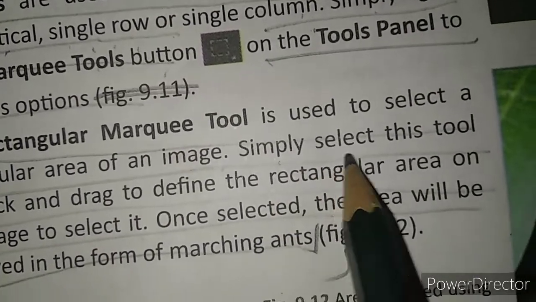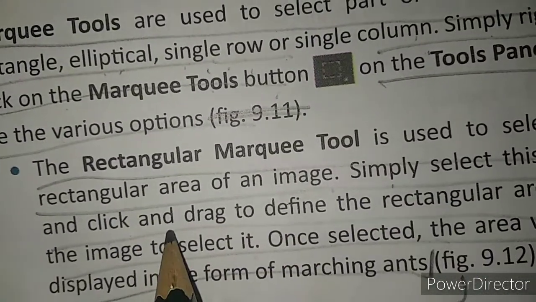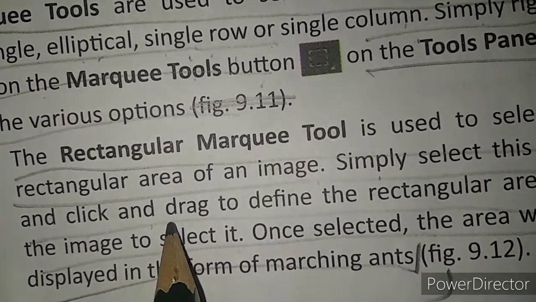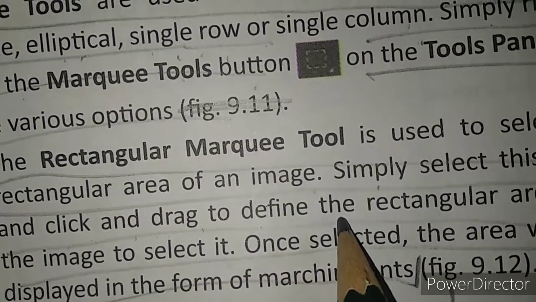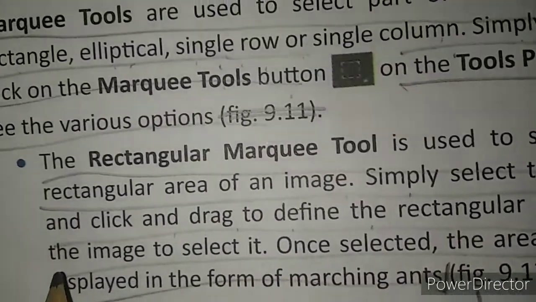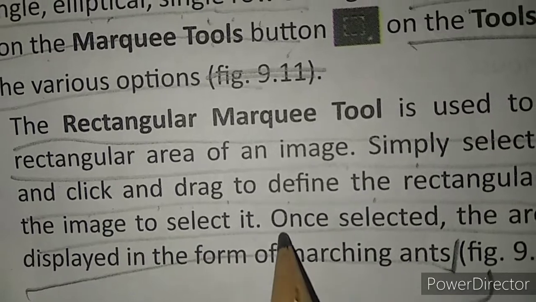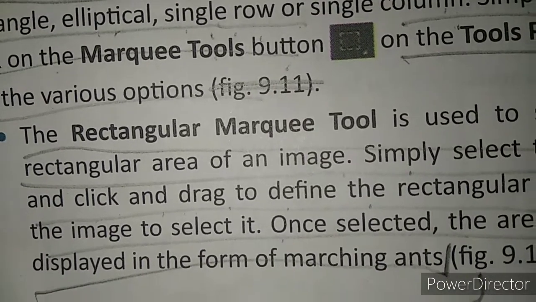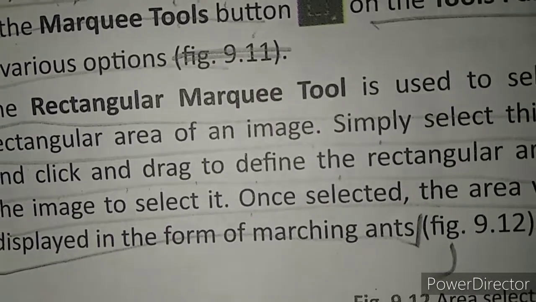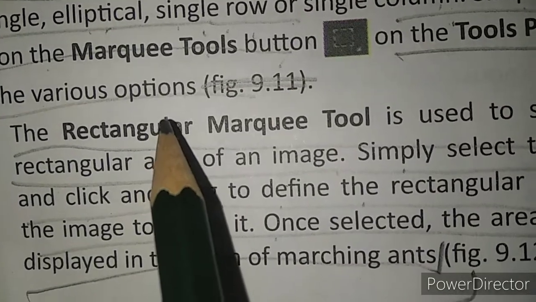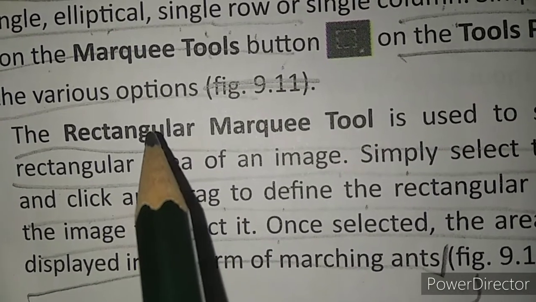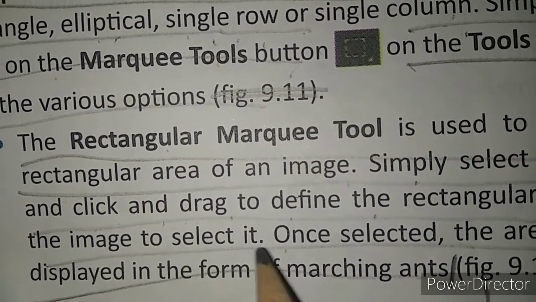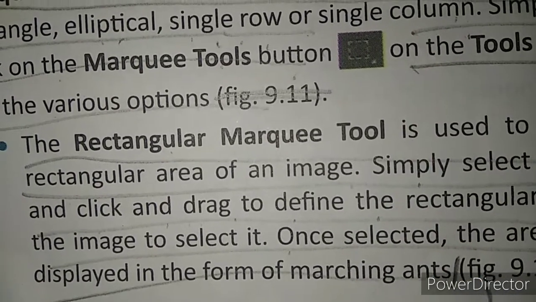Simply select this tool and click and drag to define the rectangular area on the image to select it. It means when you click on the rectangular marquee tool, first of all put the pointer on the image and drag the pointer to select a rectangular area.